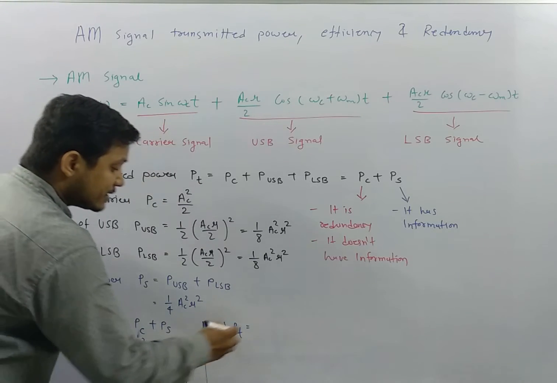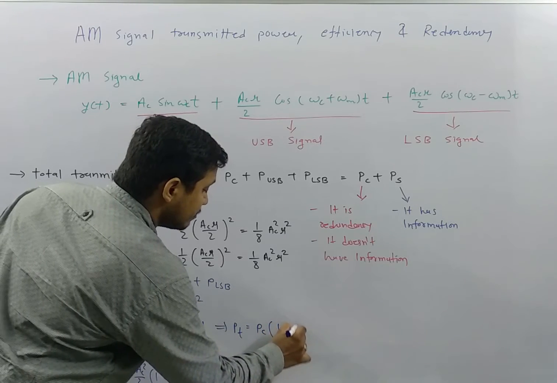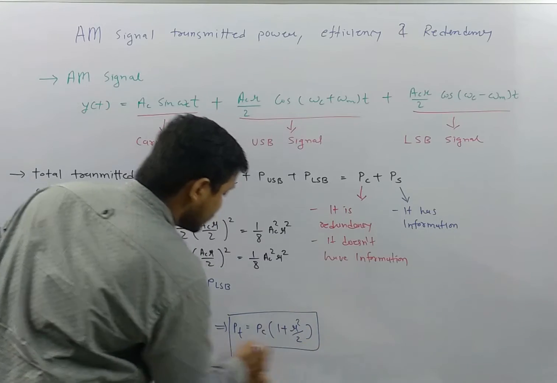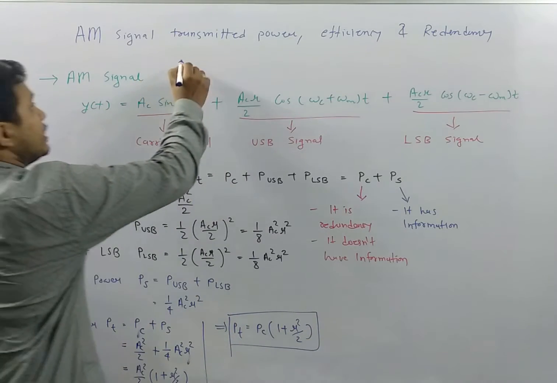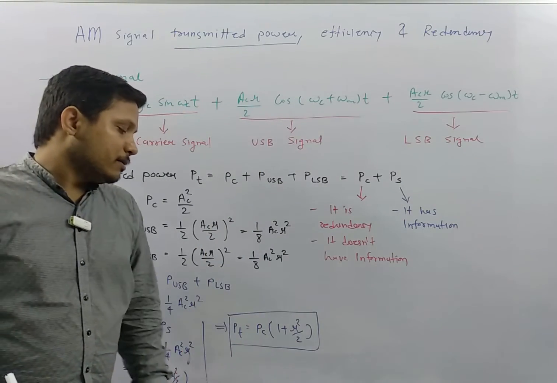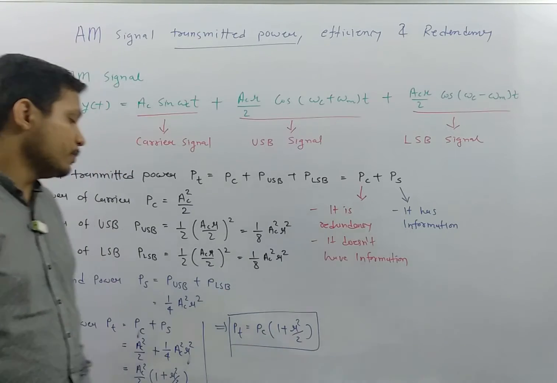If I place AC square by 2 as PC, carrier power, into 1 plus mu square by 2, so this is the transmitted power. So the first thing that we have derived is the transmitted power, that is PC plus PC into 1 plus mu square by 2.